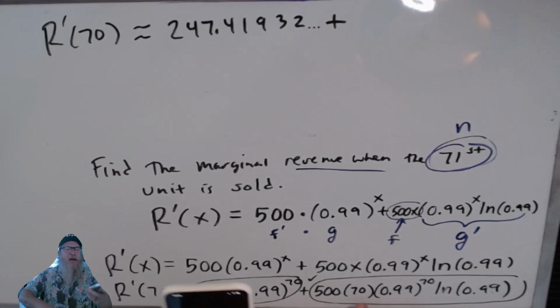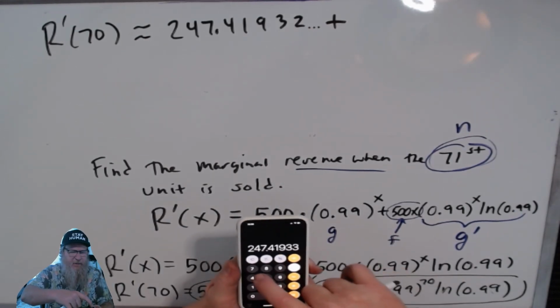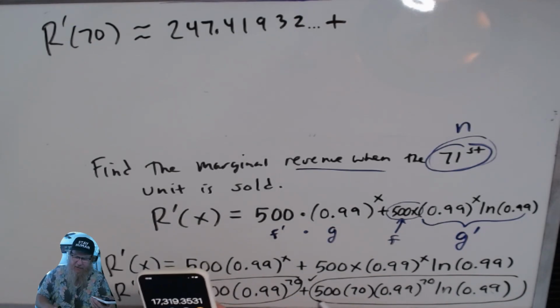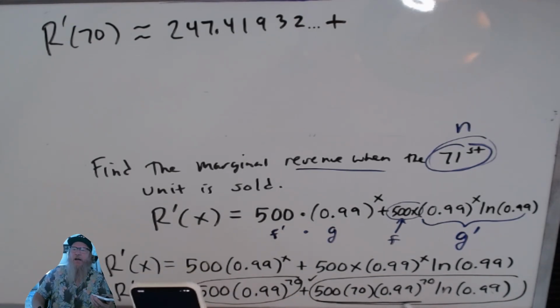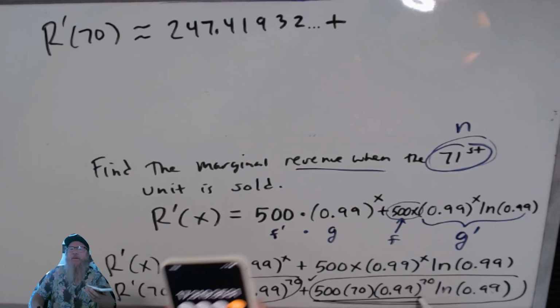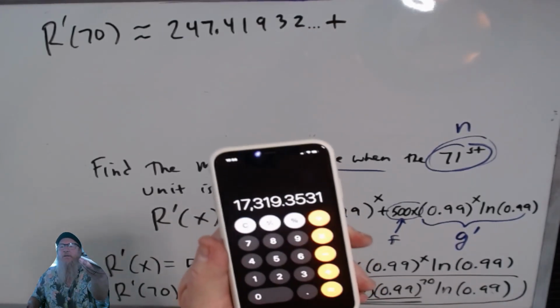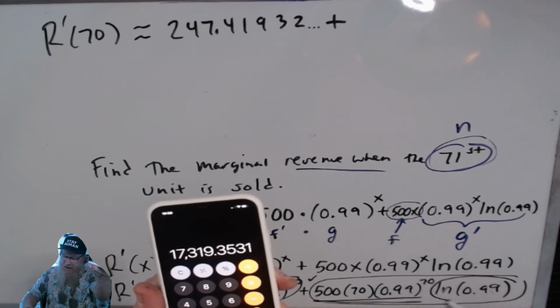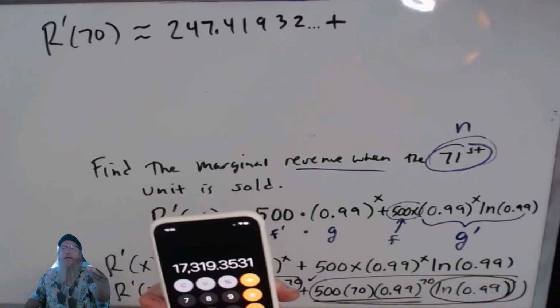So just multiply this by 70. You don't have to write it down again. And now you've got these first 3 terms done here. Now look how it got larger. 17,319 now. So the only thing you have to do now is the ln of 0.99.